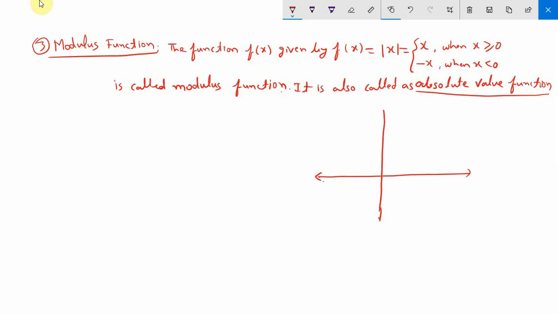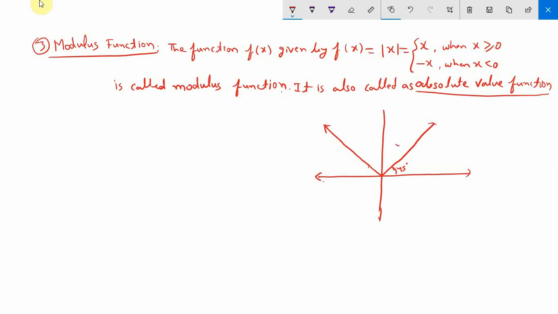See, mod x equal to x when x is greater than or equal to 0, so it will be at 45 degrees, and mod x equal to minus x when x is less than 0.